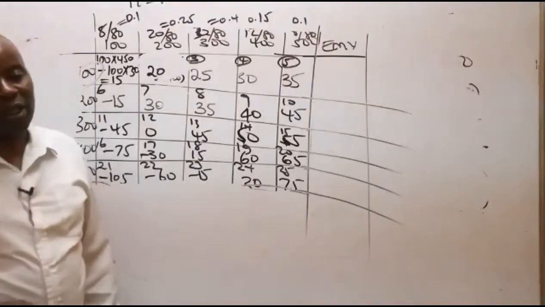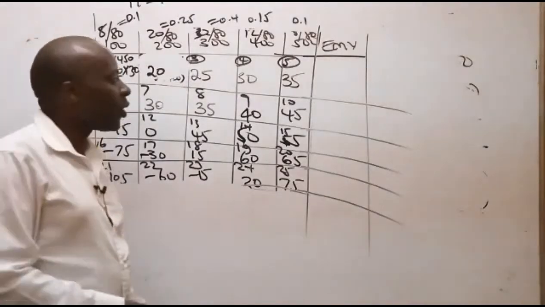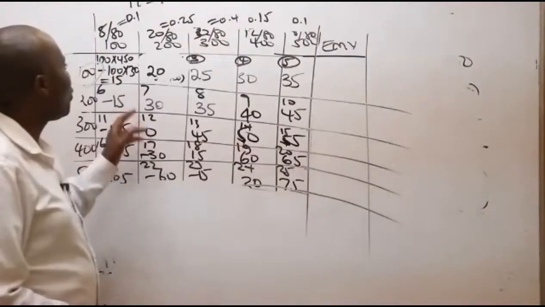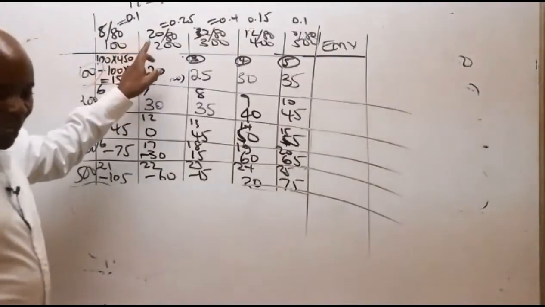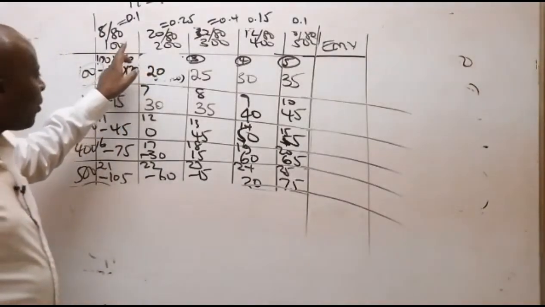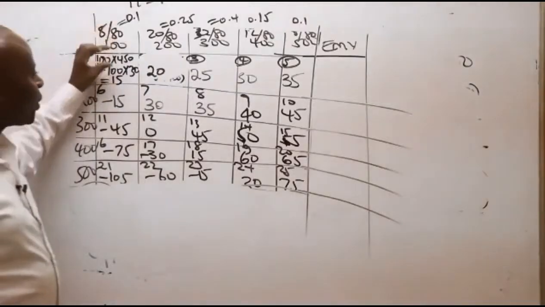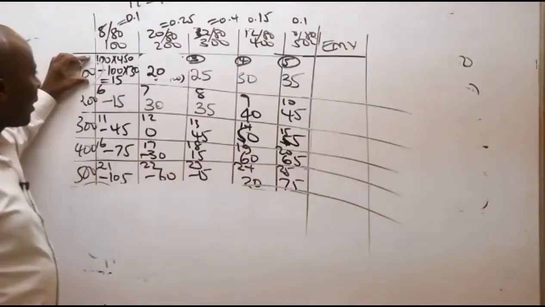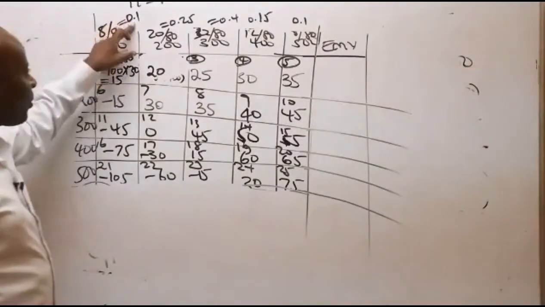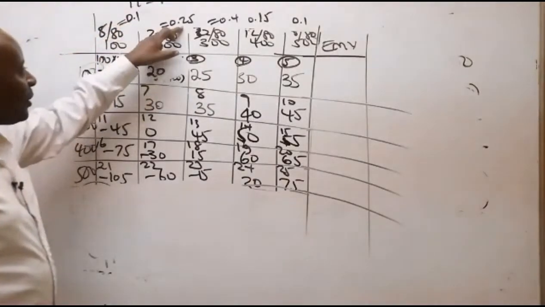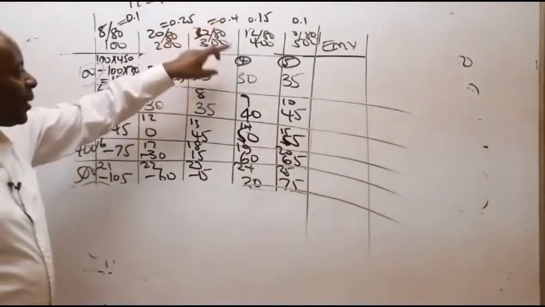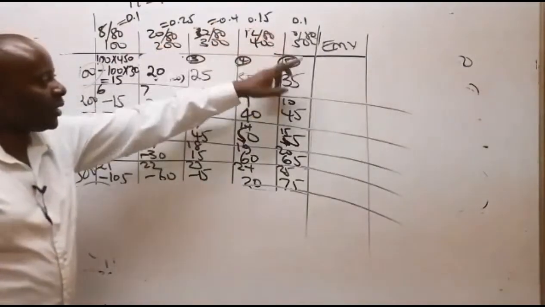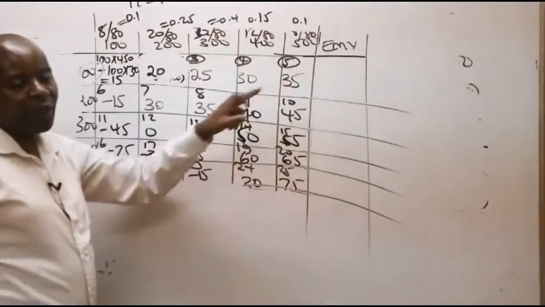Thank you very much, Nicholas. What they're telling me is that we need to pick, not 100, it is expected profits. For cell number one, I'll take the profit here times the probability, plus times this, plus times that, plus, and then I'll be able to get expected monetary value.